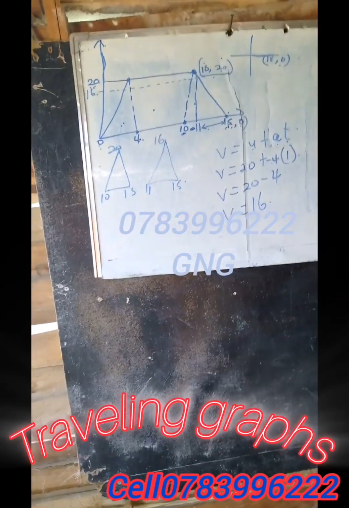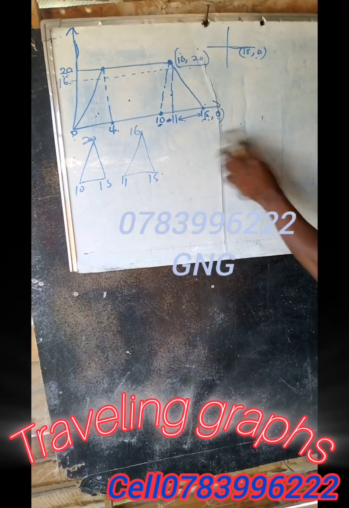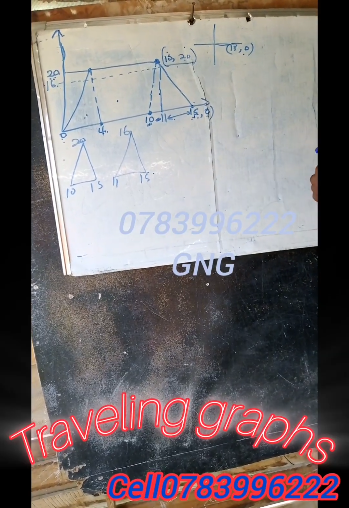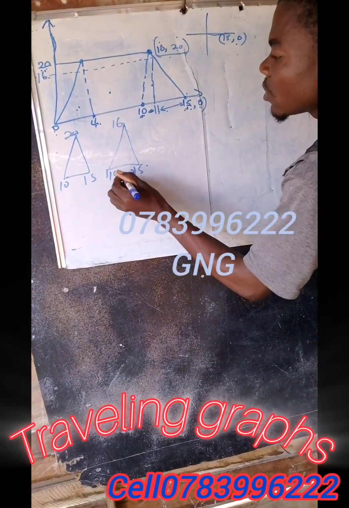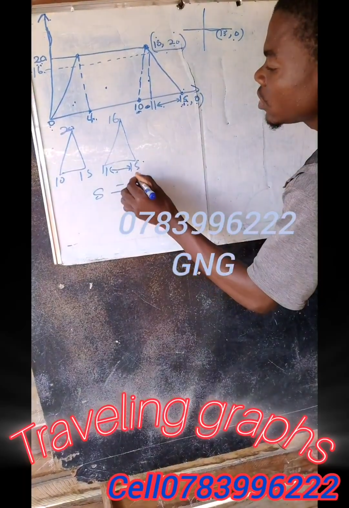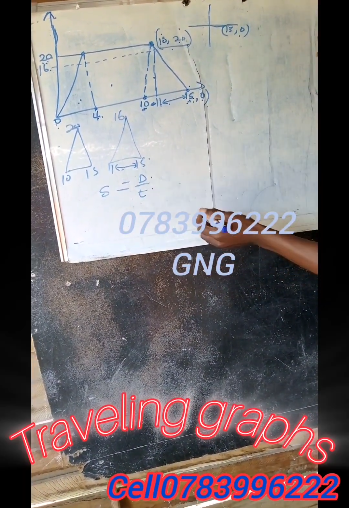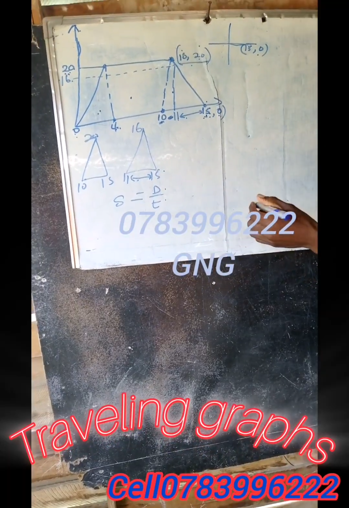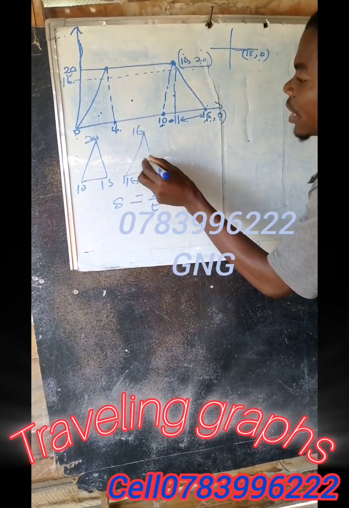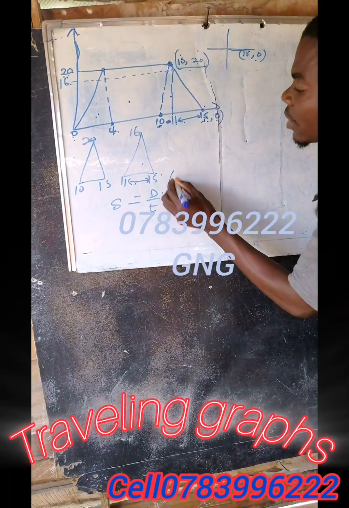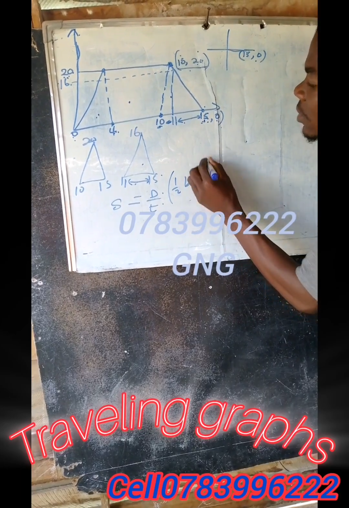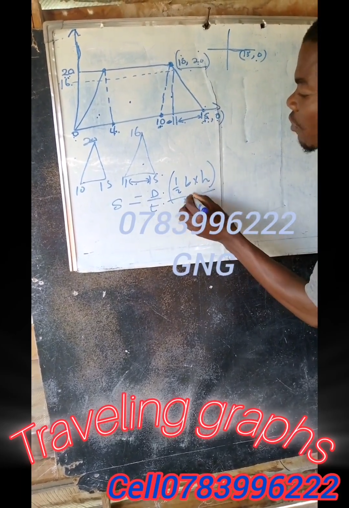The question is asking for the average speed in the last 4 seconds. The formula for speed is distance over time taken. How do I calculate distance on a triangle? That's the area. So the area of this triangle is half base times height, over 4.